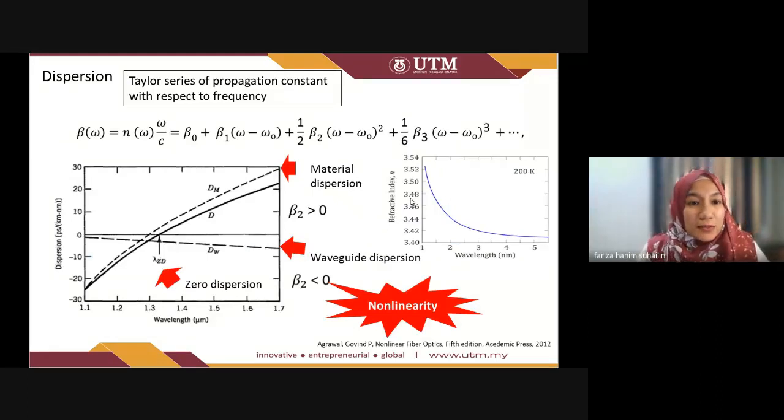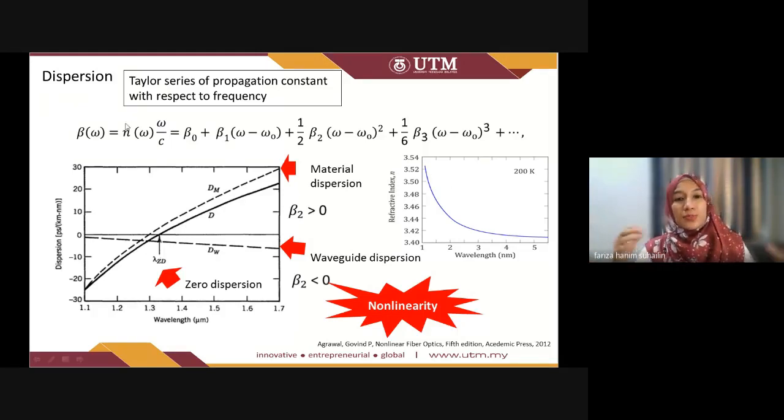Next, the next term is the frequency dependent refractive index, and frequency dependent refractive index is nothing but the dispersion that happens inside the core of your optical fiber when you have photons propagating.